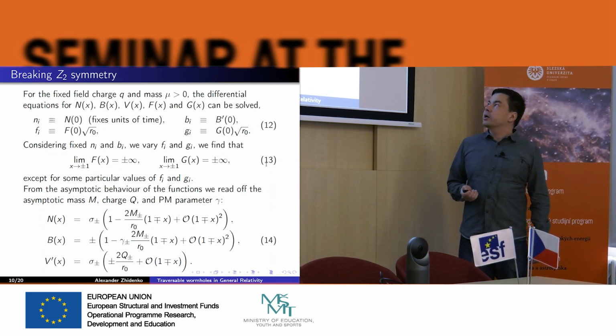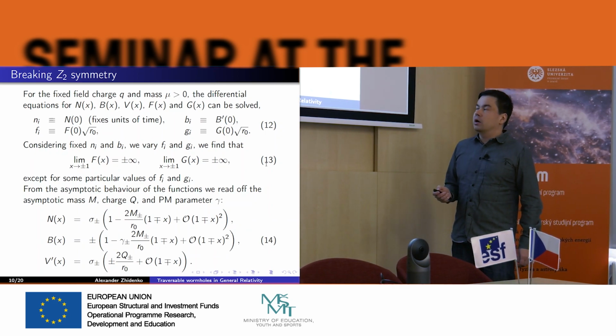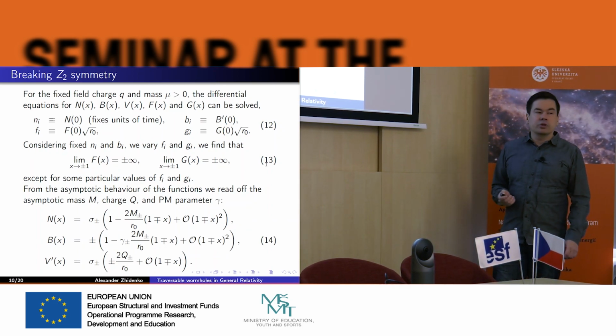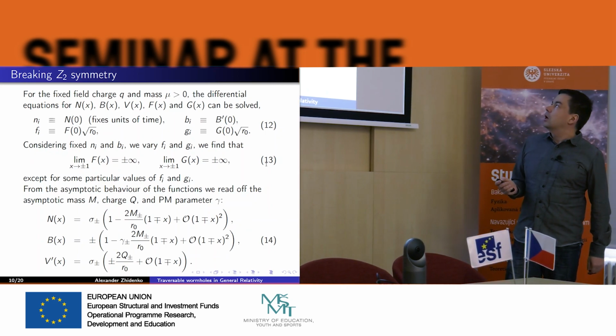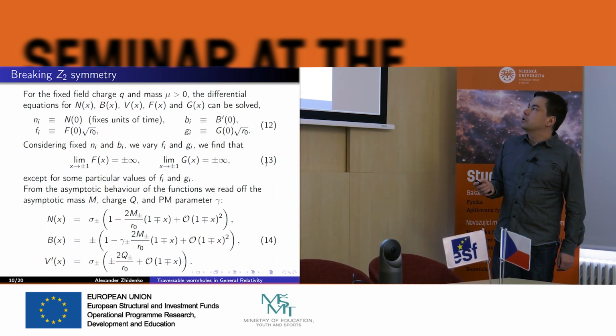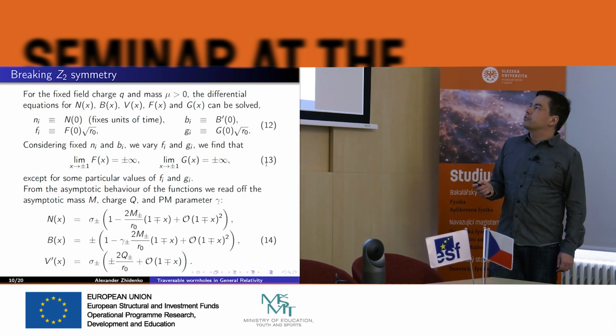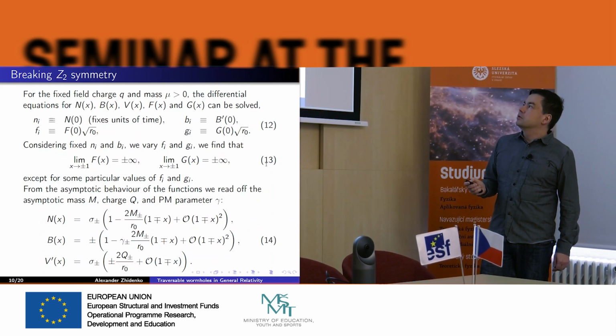If we solve our system of equations in both sides, without any matching, we of course break the symmetry. We can consider the initial conditions at the throat, which are basically the values of the function n, the derivative of the function b, and the values of the fermionic functions.